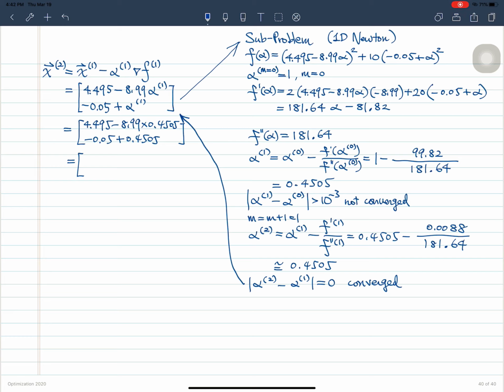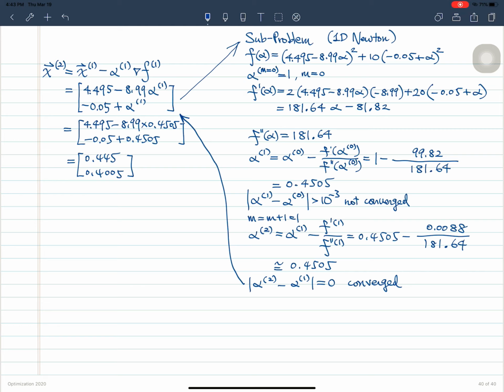This is 0.445 and this is 0.4005. So you are moving gradually toward 0, 0, but not yet 0, 0.